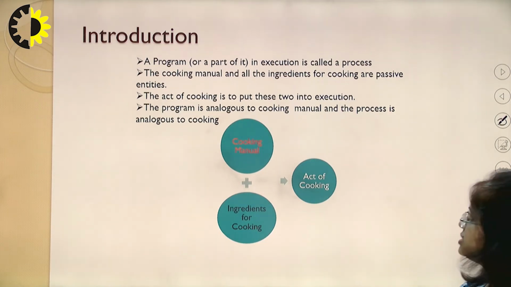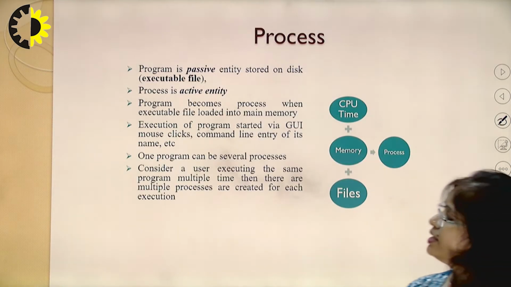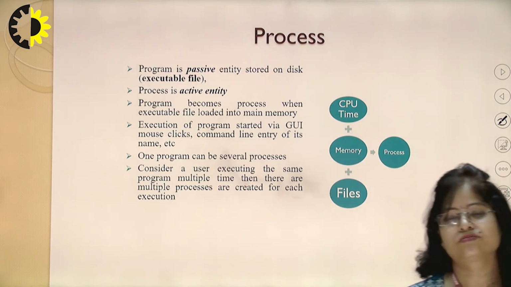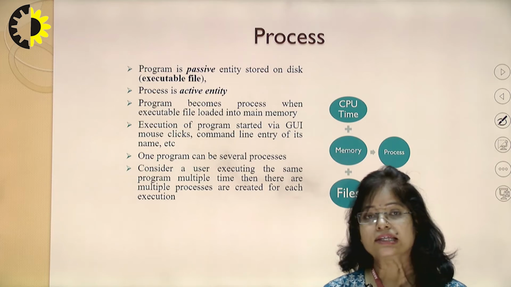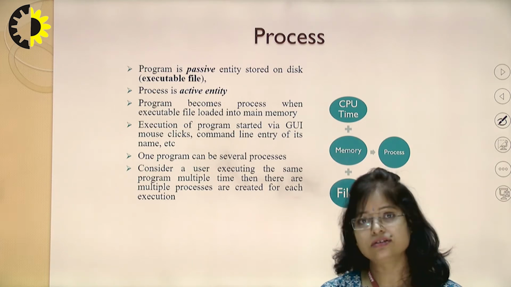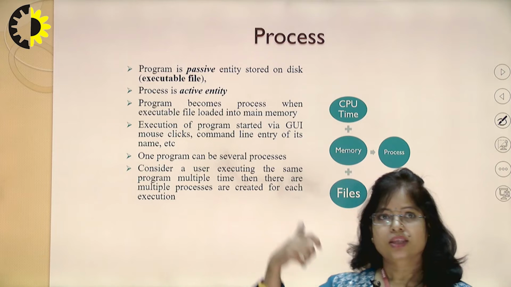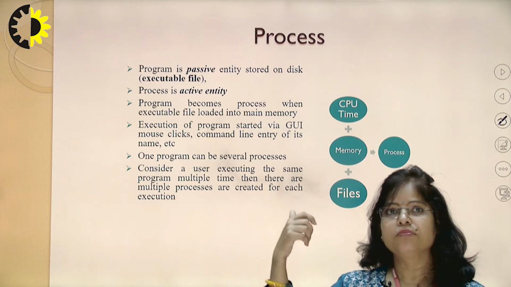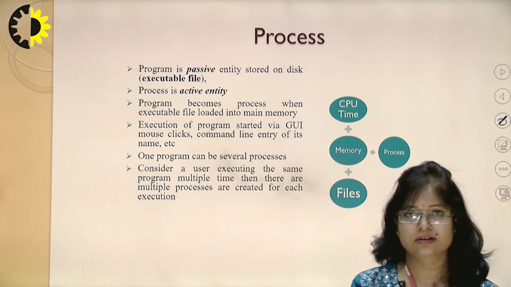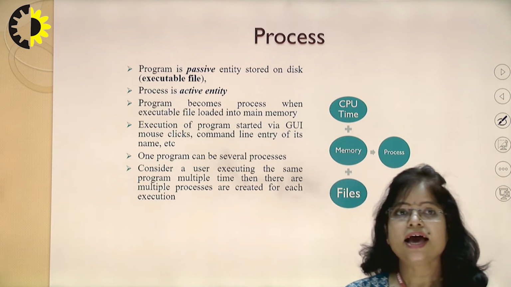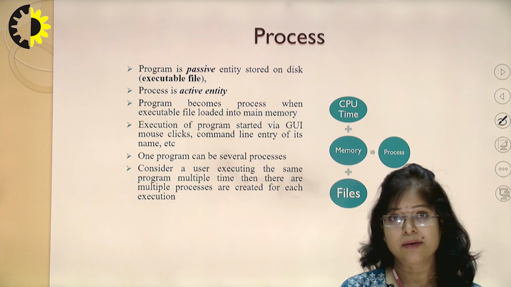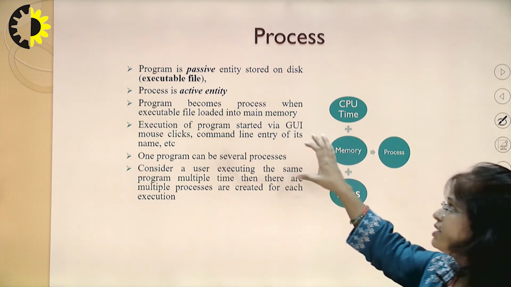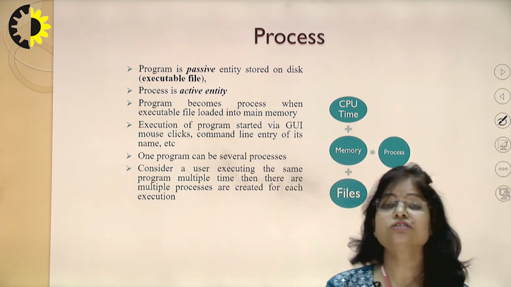So, we are saying that a program is passive in nature, because it cannot create a useful result. Initially a program is stored on some disk, some hard disk. For execution, that program must be in main memory, or we can say a program is an executable file.